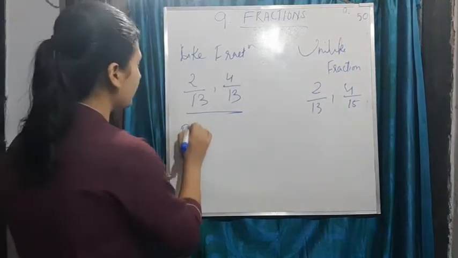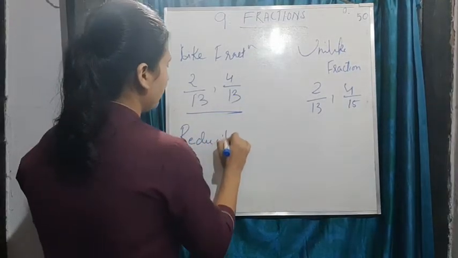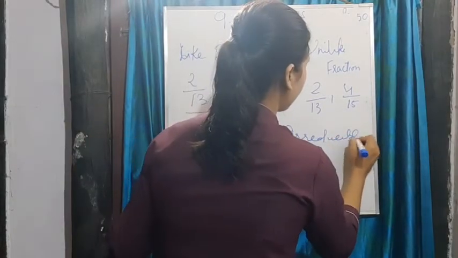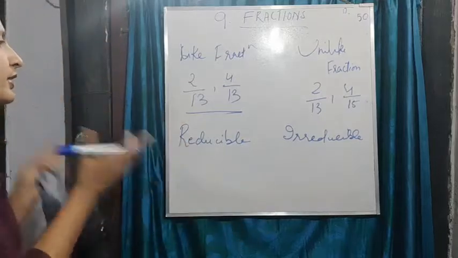Then next is reducible fraction and irreducible fraction. They are again the reverse of each other.